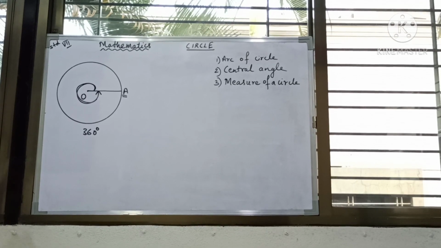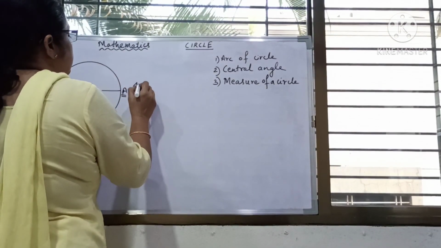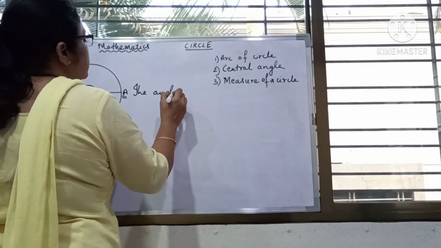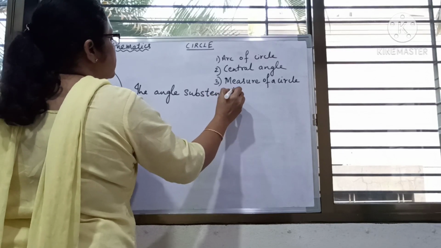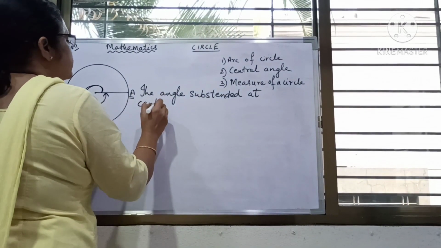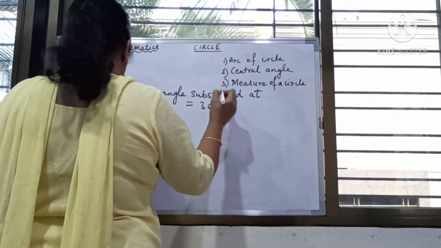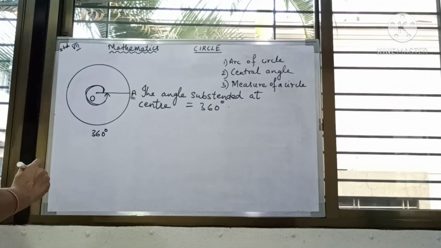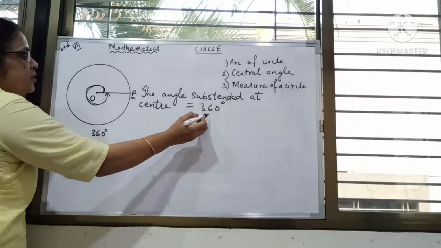The angle subtended at the center is 360. So this angle at the center is 360 degrees.